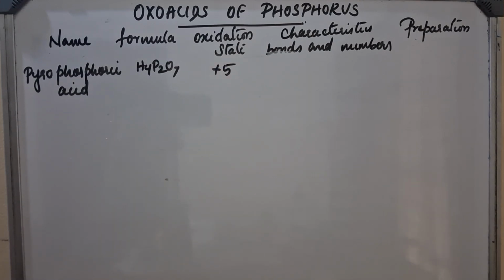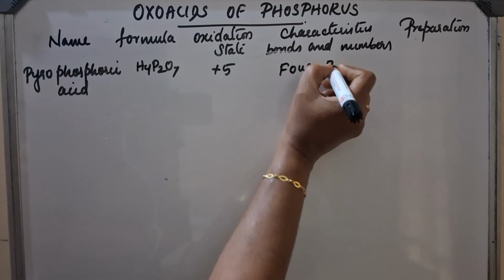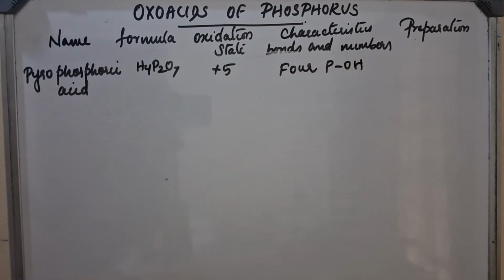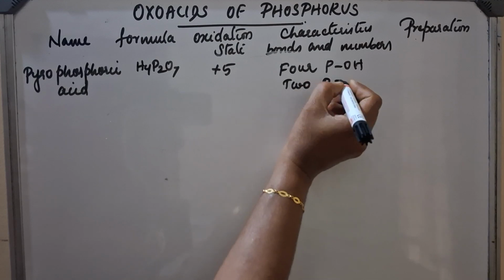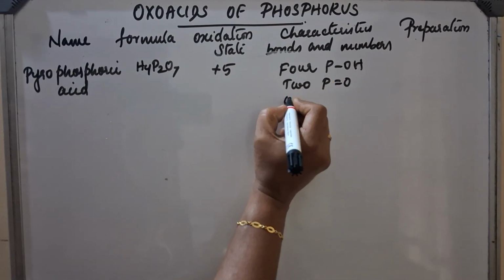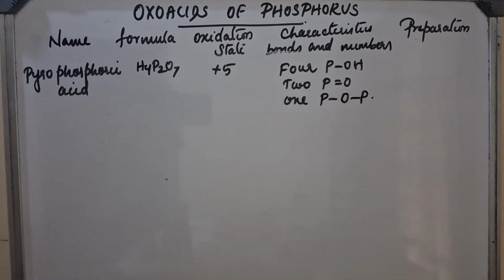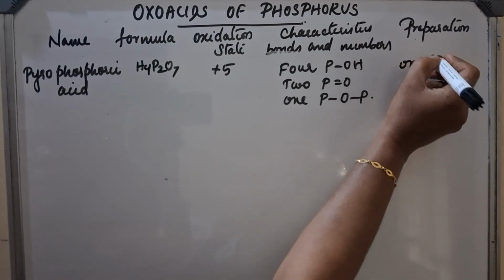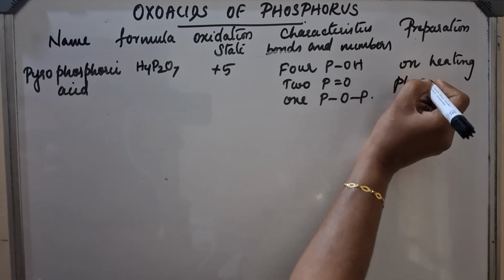Now it contains 4 P-OH and 2 P=O, and it contains 1 P-O-P bond. See the difference, P-O-P bond. Now, how can we prepare it? It can be prepared by heating phosphoric acid.